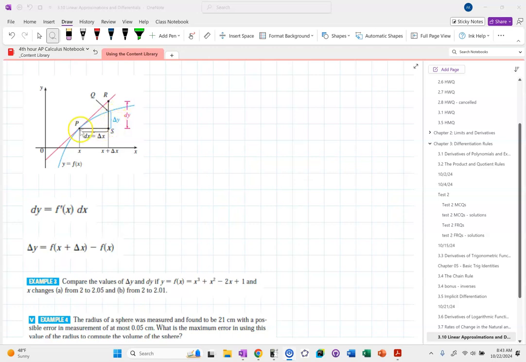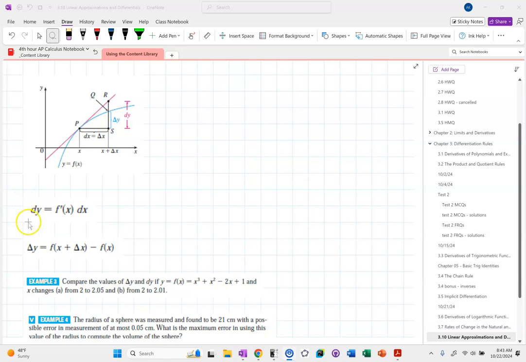So delta y is just going to be the y coordinate of P subtracted from the y coordinate of Q. Actually, it will be the y coordinate of Q minus the y coordinate of P. As opposed to the dy, which is going to be the value of the derivative at P times the change in x.